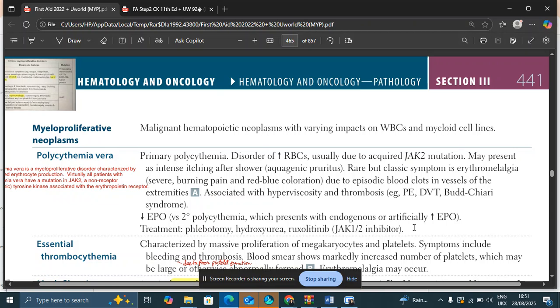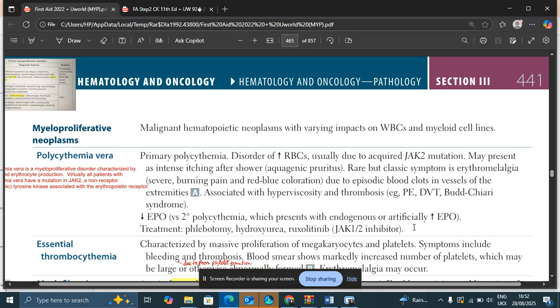Okay. Now, absolute polycythemia is further divided into two types: primary polycythemia and secondary polycythemia. An example of primary polycythemia is polycythemia rubra vera, or in simple words, polycythemia vera.